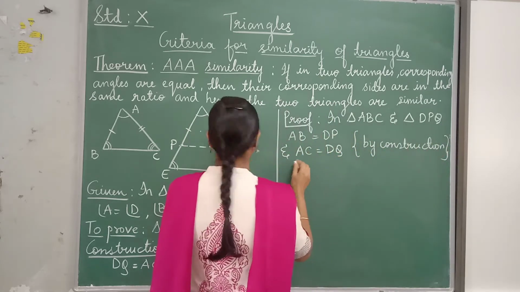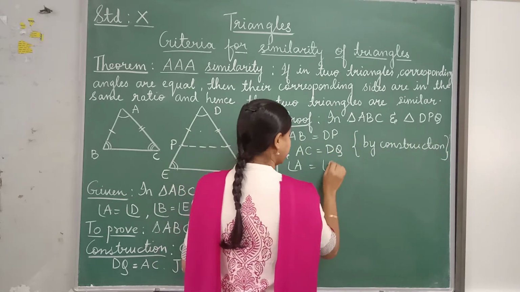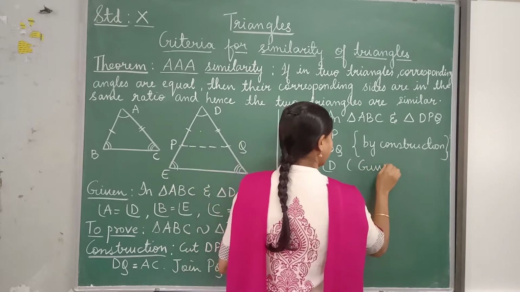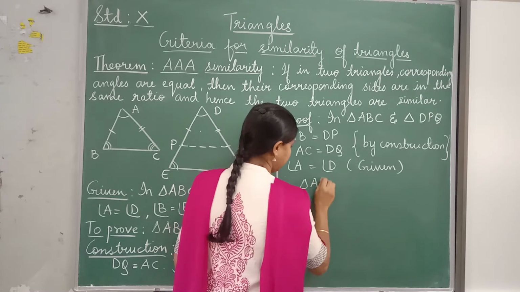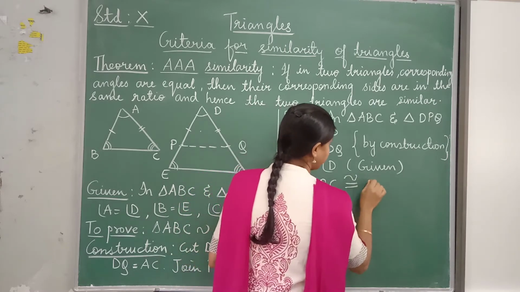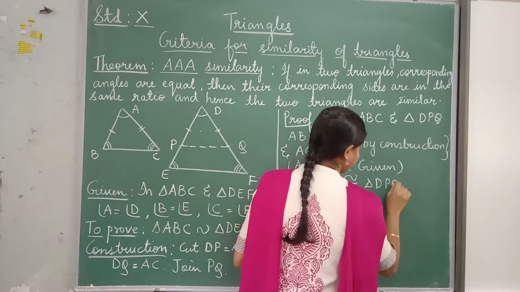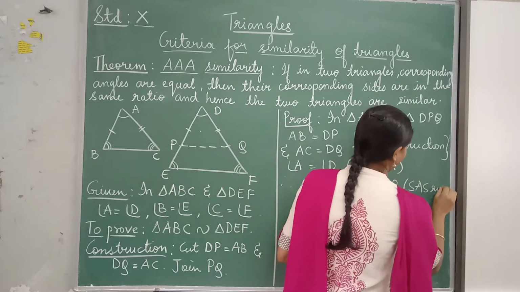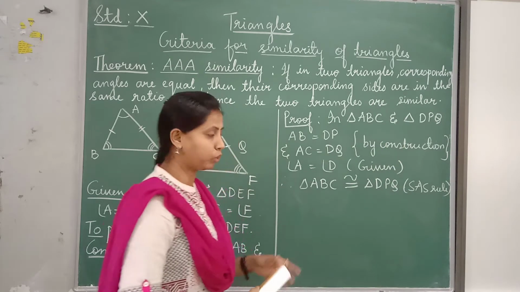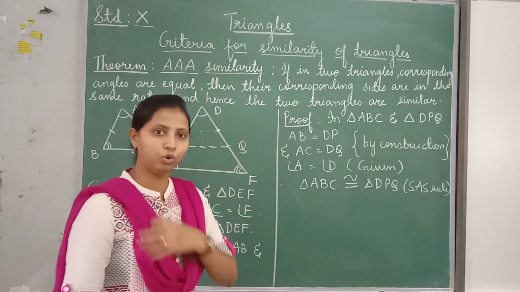And next, angle A is equal to angle D, given. Therefore, triangle ABC is congruent to triangle DPQ, and by this SAS rule we have applied and proved that these two triangles are congruent to each other.